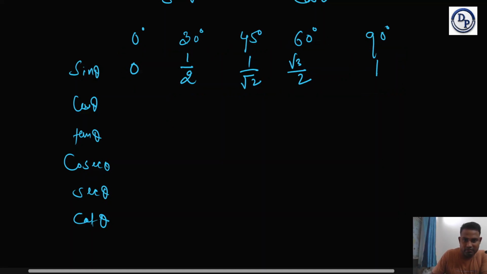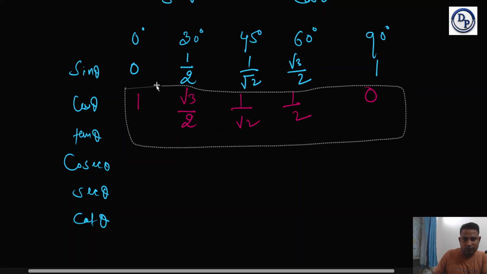This 1 comes here, this root 3 by 2 comes here, this 1 by root 2 comes here, this 1 by 2 comes here, and this 0 comes in. This is how we can write these values.